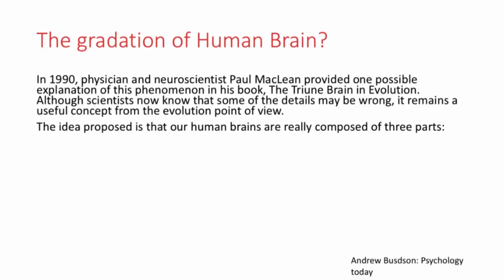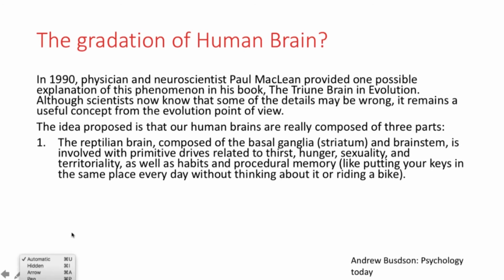If you think of the gradation of the human brain, as I told you, this is Mclean's model, and that talks about the triune brain, for example. The triune brain part in evolution. Now, as I told you, they try to explain the brain in terms of three parts.